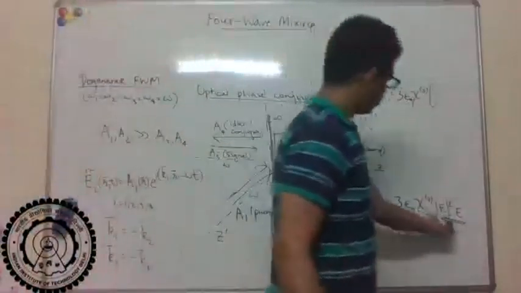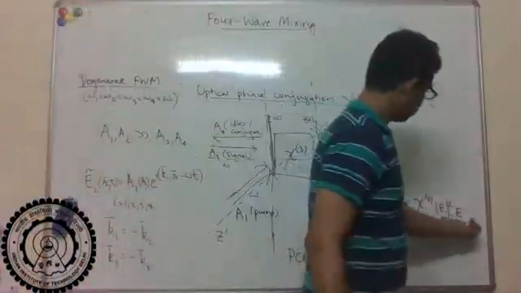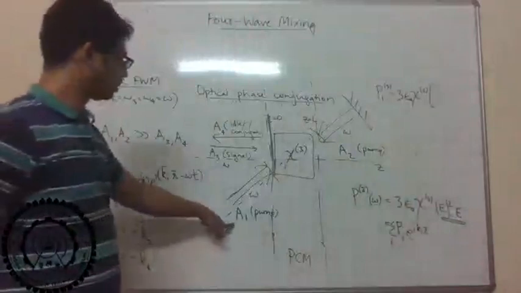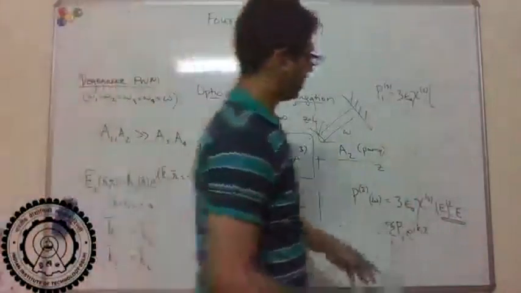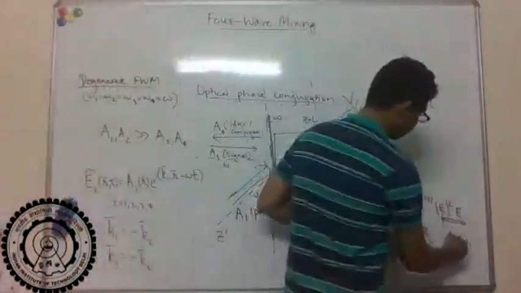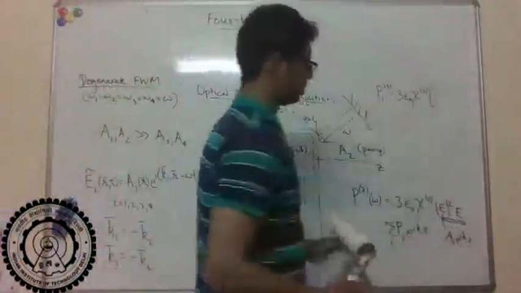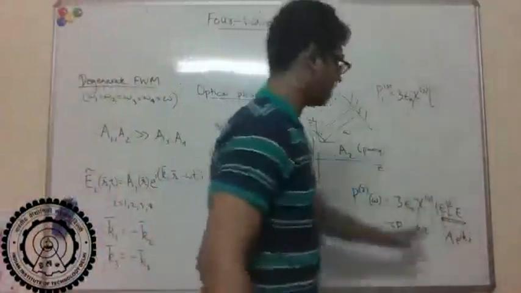And I get that from mod E square E. So how can I get k1? Here, for E, I'll put some A_i e to the i k_i z, for each of the E's or its conjugate.